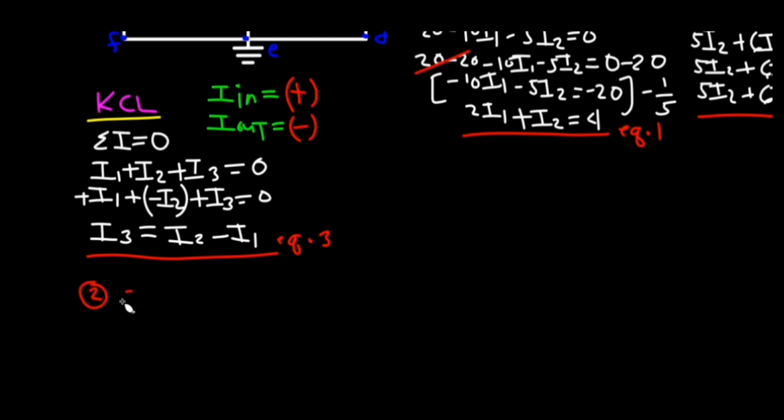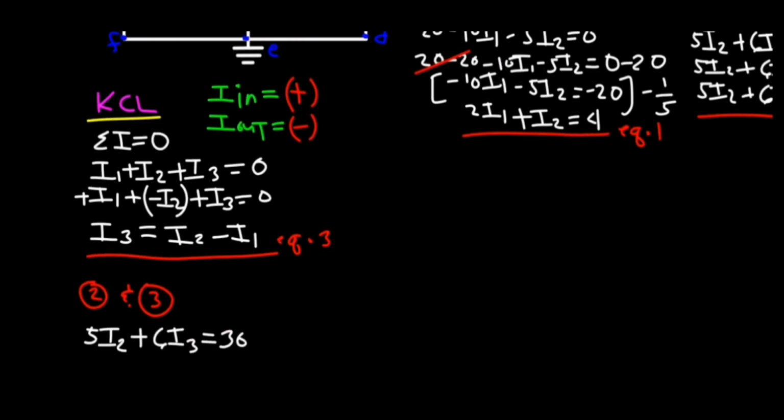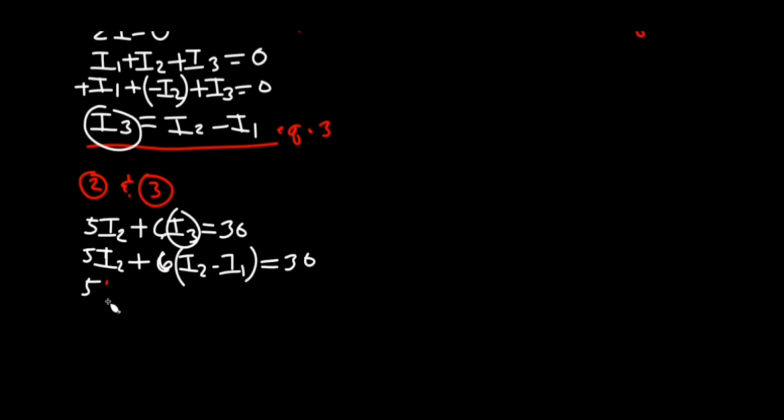Using the equation 2 and 3. 5I2 plus 6 times, in parentheses, I2 minus I1 equals 30. 5I2, then multiply 6 on I2 and on negative I1, so 6I2 minus 6I1 equals 30.